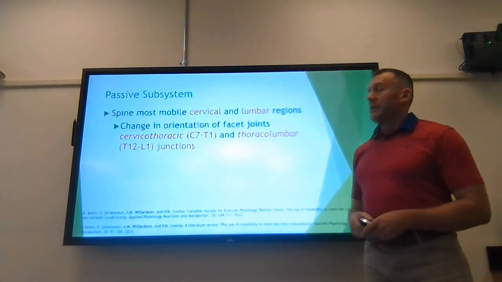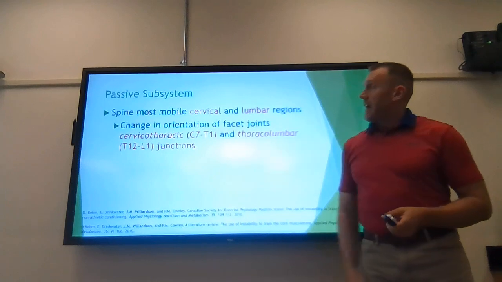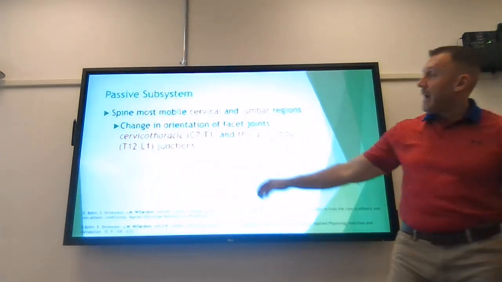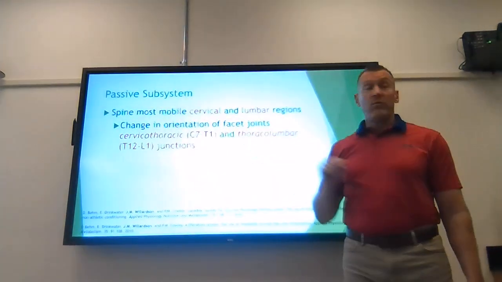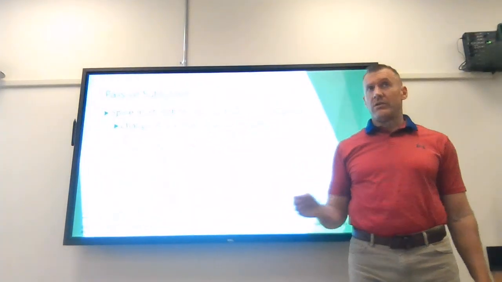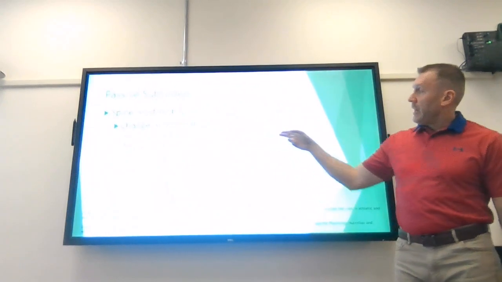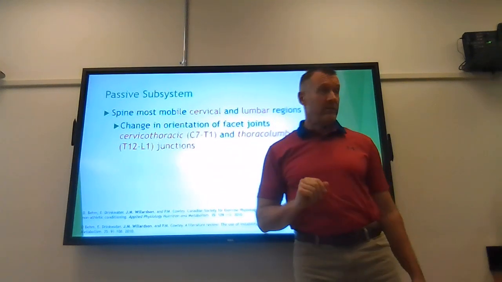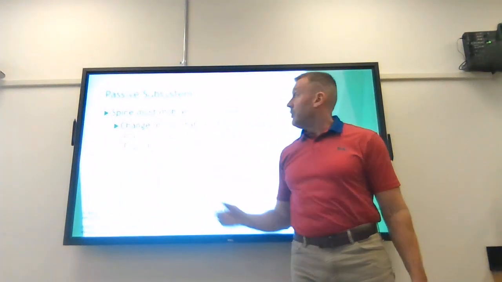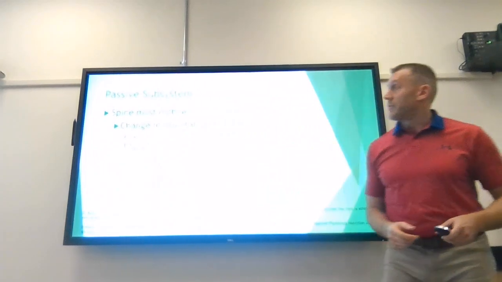One of the things that I didn't mention in chapter 11 is there's a change in the facet joints at the cervicothoracic junction, between C7 and T1, the 7th cervical and 1st thoracic, as well as the thoracolumbar junction, T12 through L1. A lot of the movement comes because the facet joints change the way they're oriented at those points.